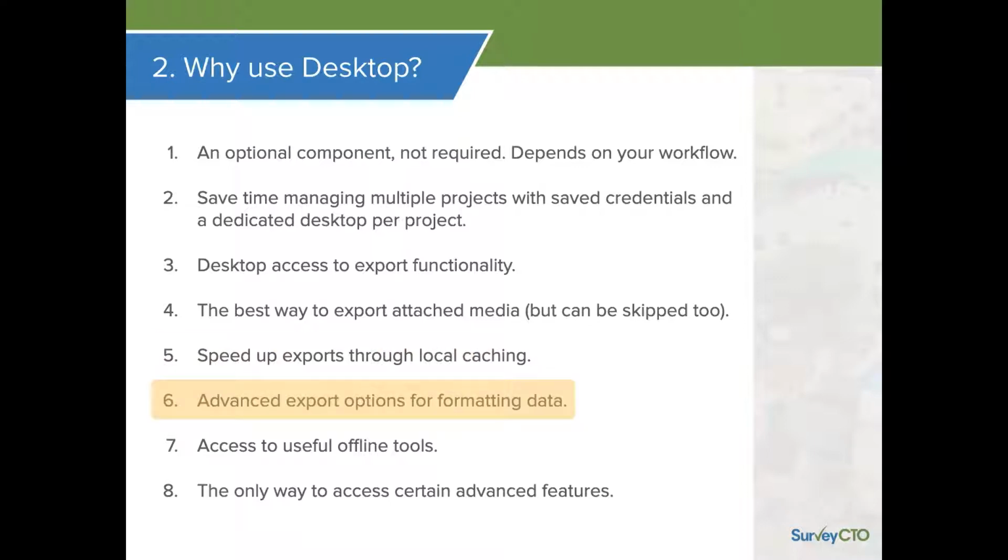There are also several advanced options for formatting exported data depending on what your requirements are. Desktop provides a number of offline tools which are also useful when there is no access to the internet. Lastly, desktop is the only way to access certain advanced export-oriented features. And we'll discuss those in later slides.